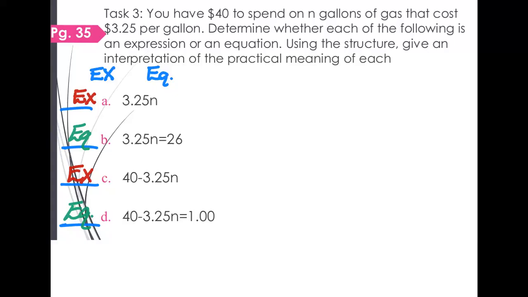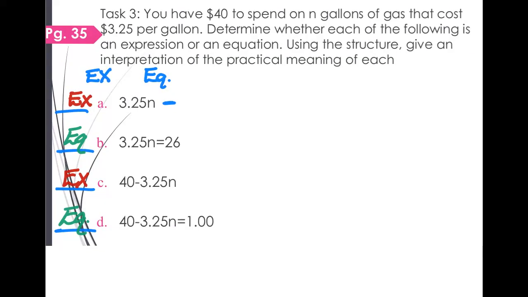All right, so 3.25n. What does that represent? Now let me think a minute. Okay, I know what it is. What did you write down? What does 3.25n represent in the context of this problem? Che, what did you say?